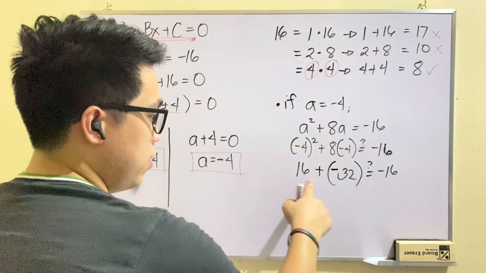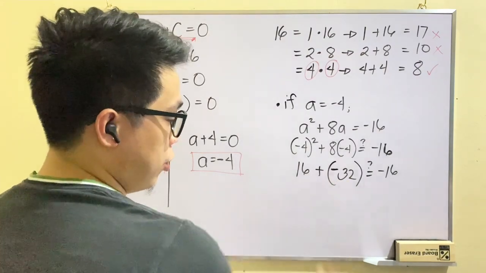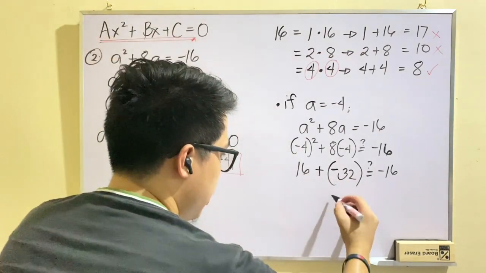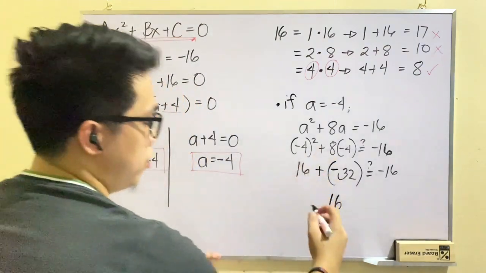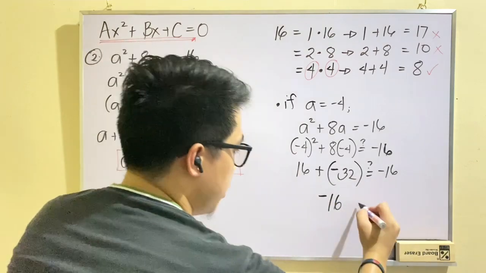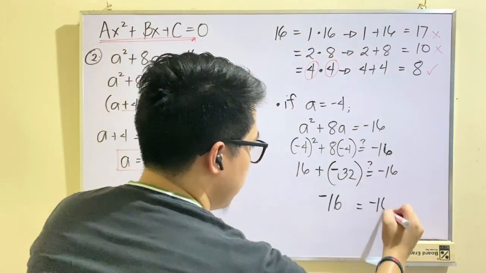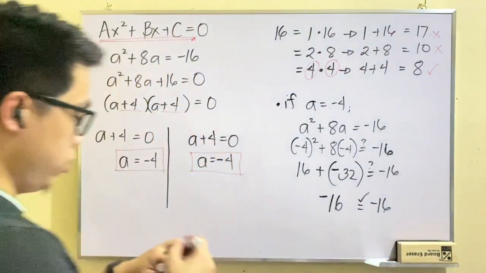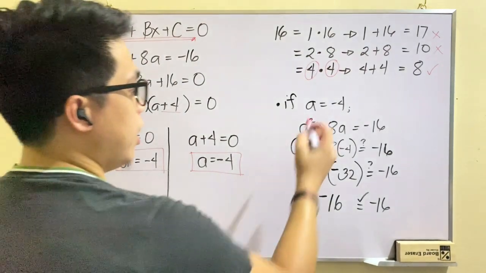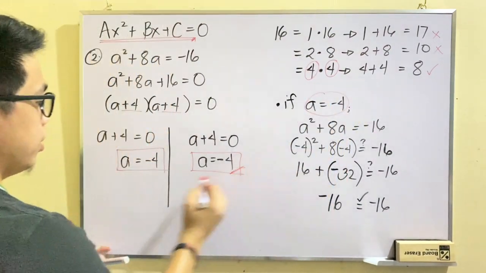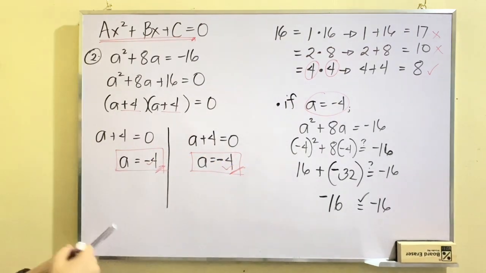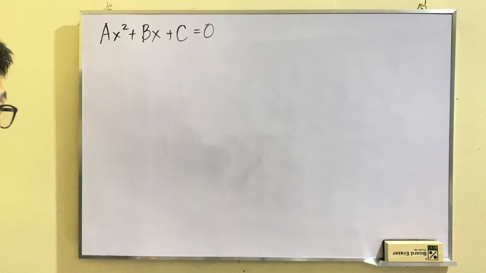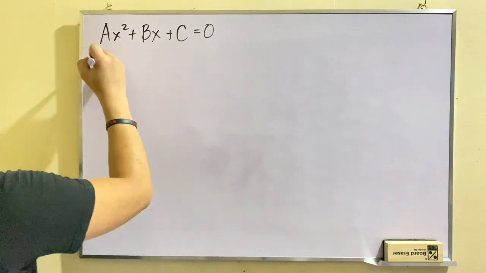So 16 minus 32, pero 32 is the larger number, so negative 16 is equal to negative 16. So, correct. So, therefore, yung A is equal to negative 4 is tama. Nice. Okay, next equation tayo.